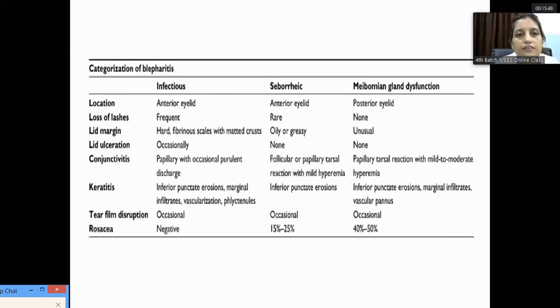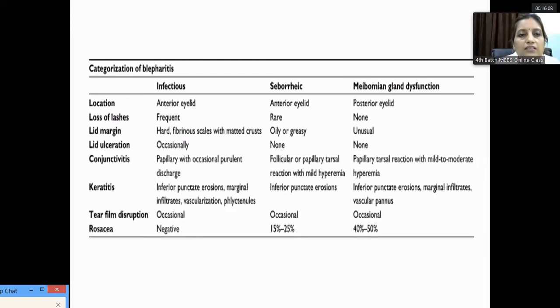So what are the differences between anterior and posterior blepharitis, since sometimes it can be difficult. The location is anterior lid margin versus posterior lid margin. Loss of eyelashes is frequent in anterior, whereas it's absent in posterior.